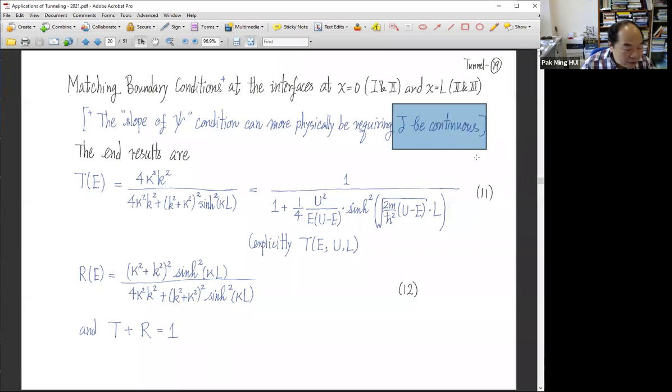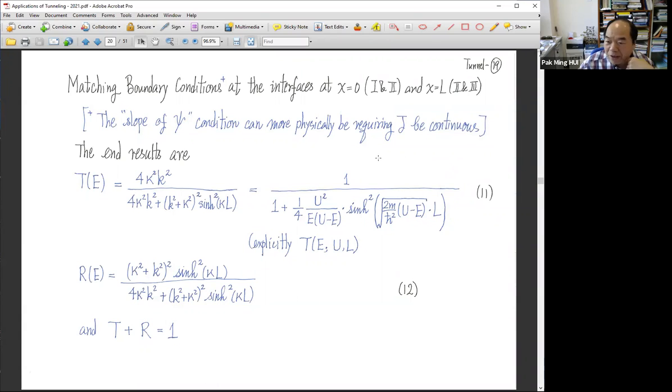It is the probability current density that is continuous, just like your E and M, okay? But luckily, in this simple case, when you exercise the slope of the wave function being continuous, you are automatically guaranteeing J is also continuous, okay? But it is actually more physical to go this way than the other way, okay?